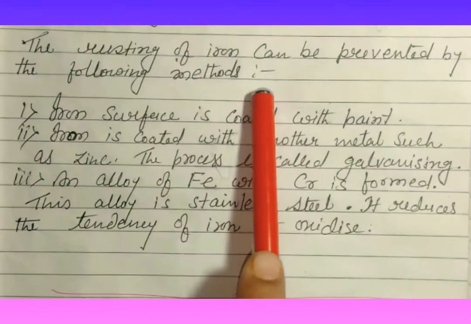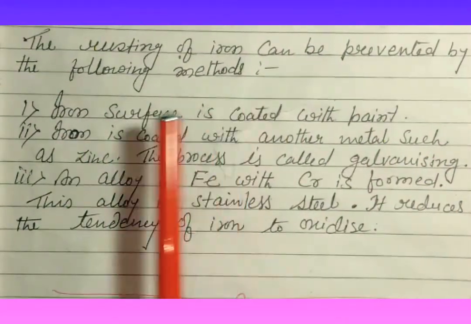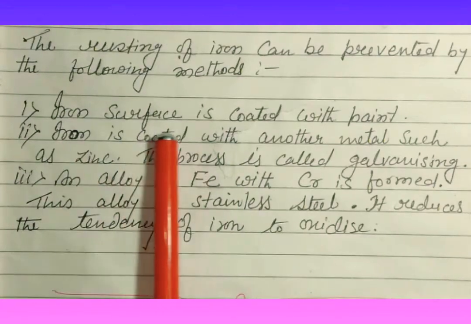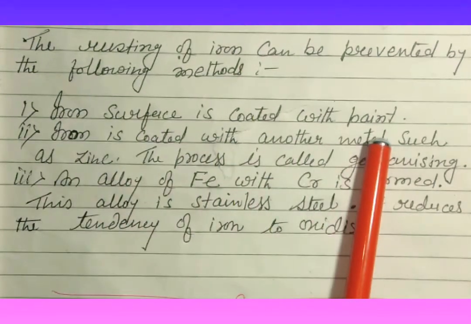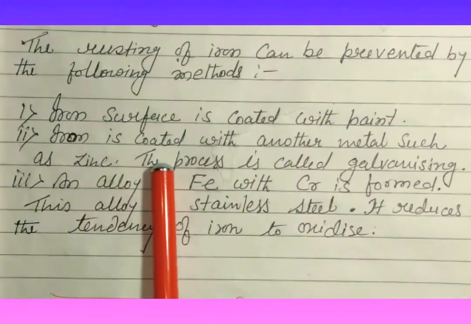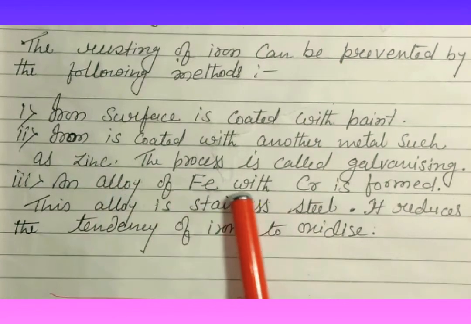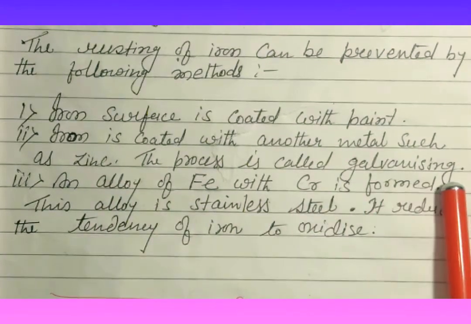The rusting of iron can be prevented by the following methods. Number 1, iron surface is coated with paint. Second, iron is coated with another metal such as zinc. The process is called galvanizing.